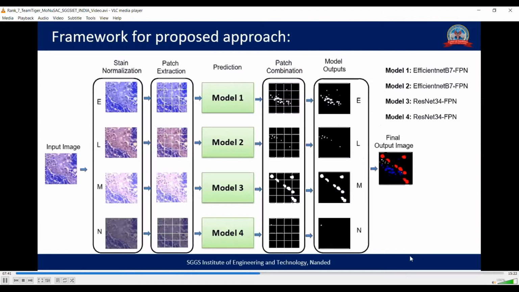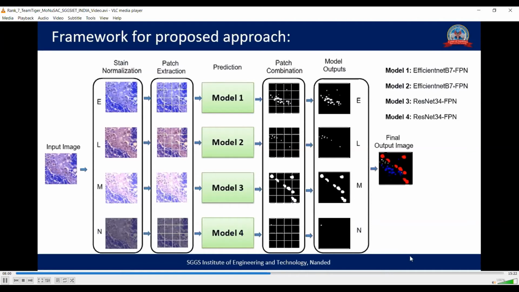This is the framework of our proposed approach. When a single image is given as input, we make 4 duplicate copies of it, and these 4 images are transformed according to each stain normalization as discussed in data preprocessing.